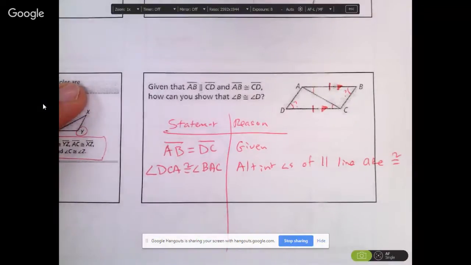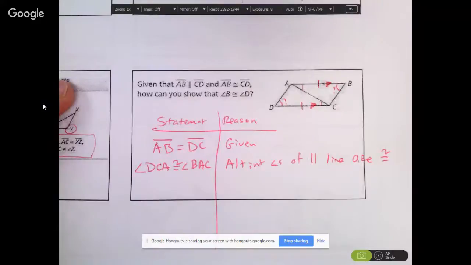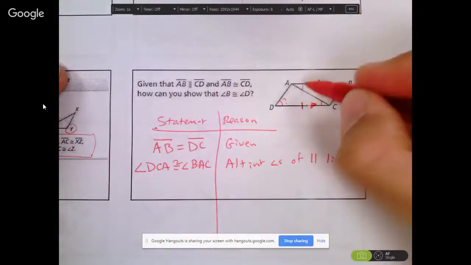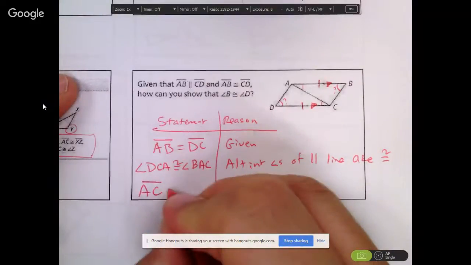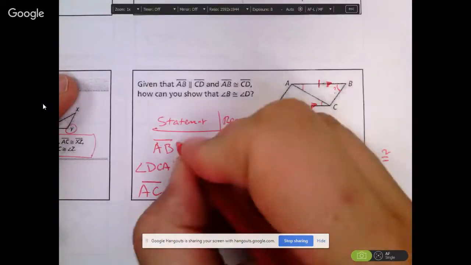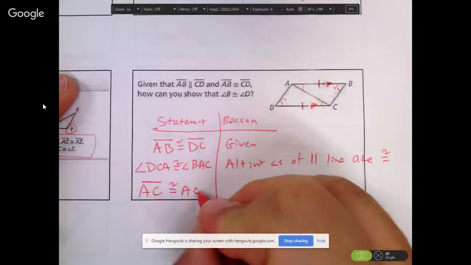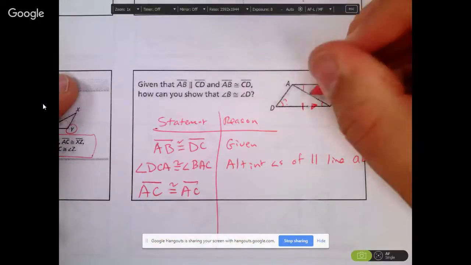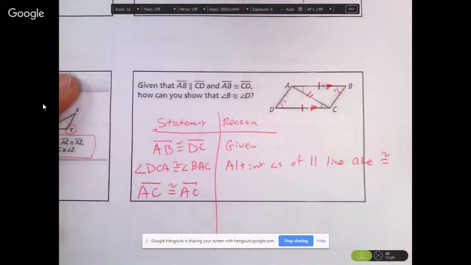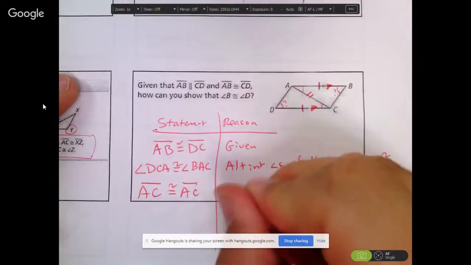It's a rule we learned that alternate interior angles of parallel lines are congruent. So now I know that angle, and then I can say that AC is congruent to AC. AC is congruent to itself. Reflexive.